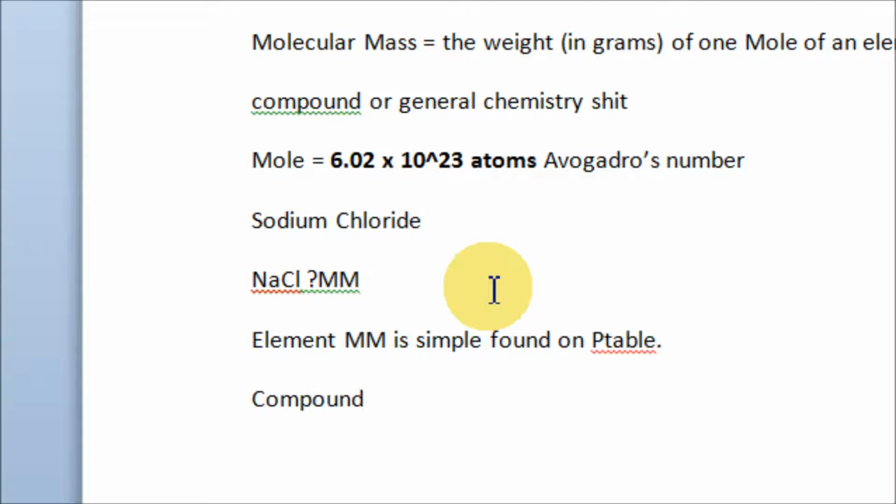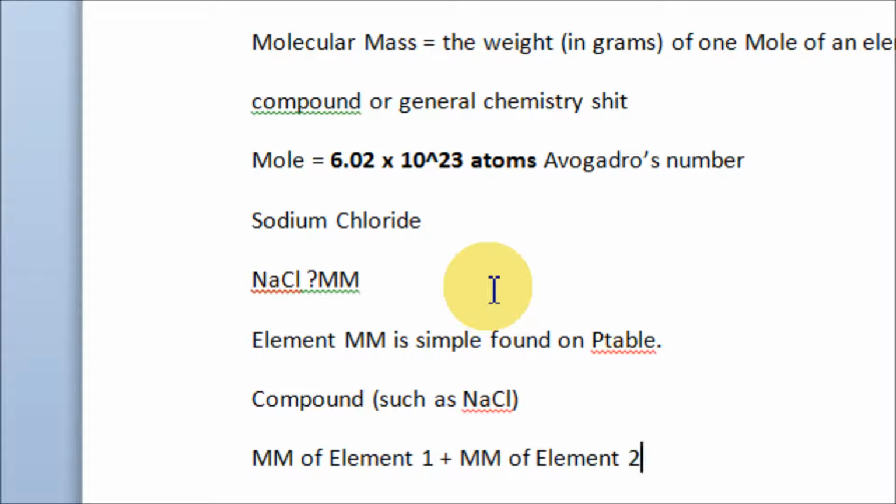For a compound, such as NaCl, if you don't know what a compound is, check out the last video, you take the molecular mass of element 1 plus molecular mass of element 2, and that's literally it, equals molecular mass of compound.